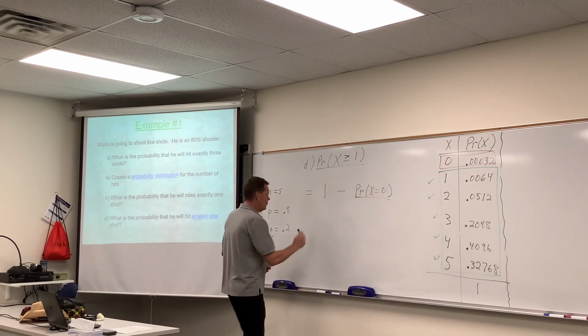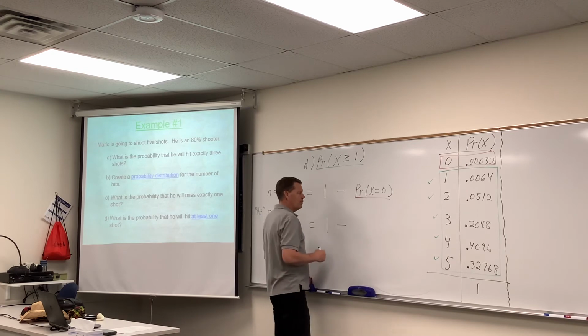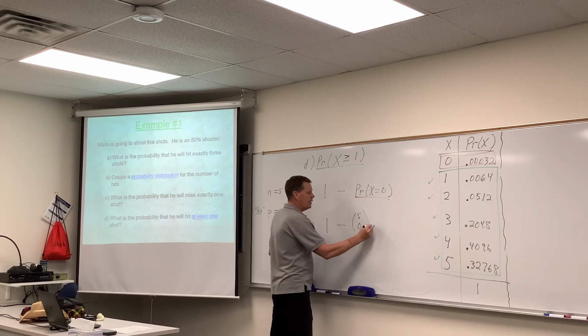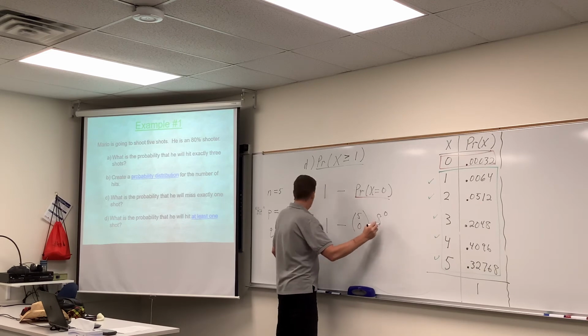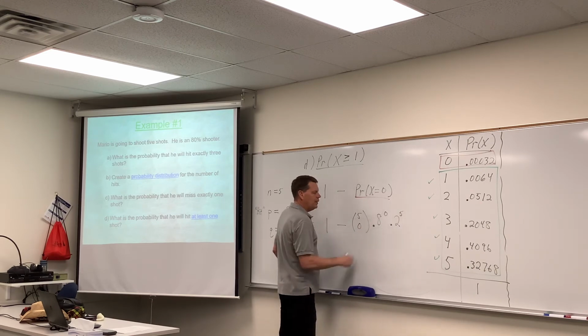So, here we go. 1 minus, that will set up 0. I'll give you 5 shots, choose 0 to hit. I don't care what order. You're going to succeed, 80% to the 0 power, which means you're going to fail on 5. You're going to hit 0 shots and miss 5.